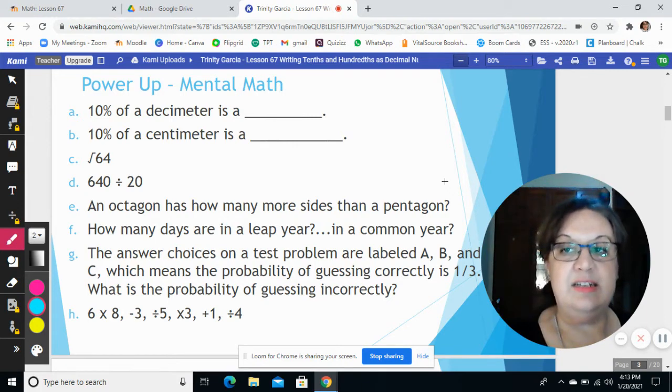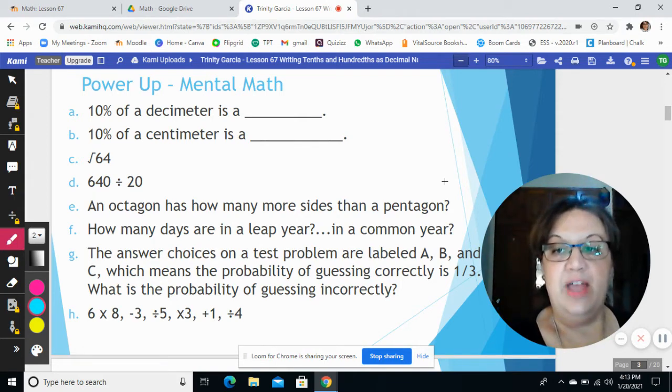Letter D, 640 divided by 20. Go ahead and work that out. Letter E, an octagon has how many more sides than a pentagon? How many more sides? So you need to figure out how many they each have and then do the math.